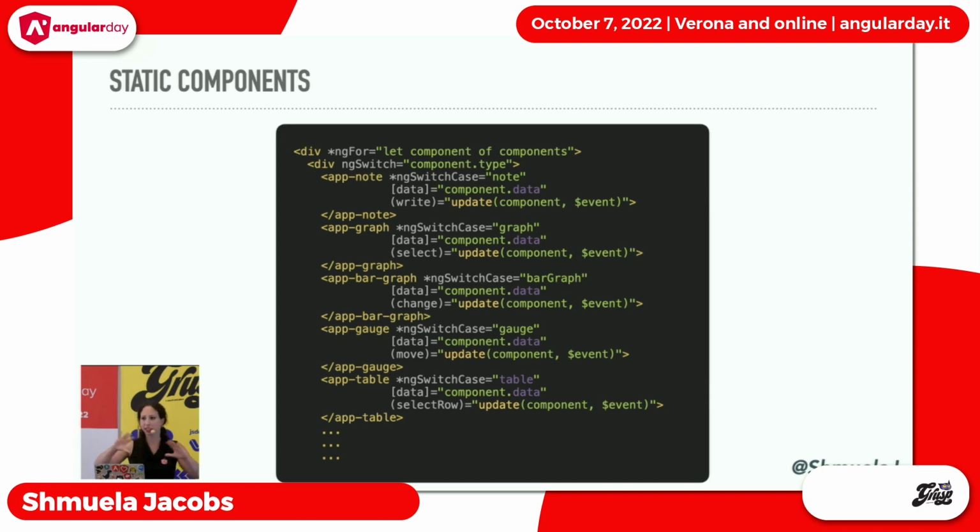And you can't split it into smaller components because this is as far as it goes. When you have a switch case, you need to have everything inside. You can't split the code anymore. So we don't really want this. And again, it will load everything into the browser, and it will be a huge bundle.